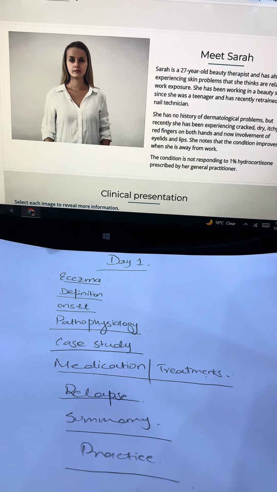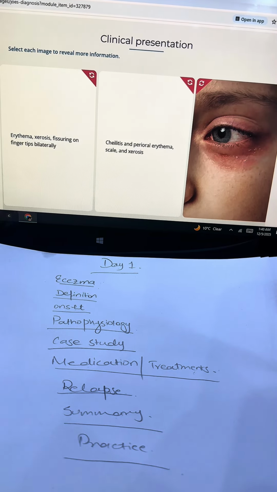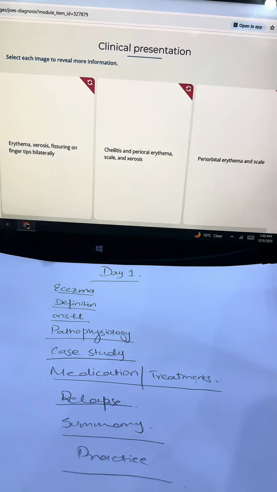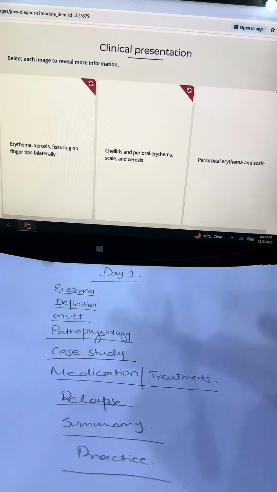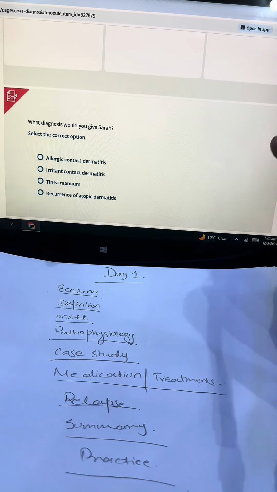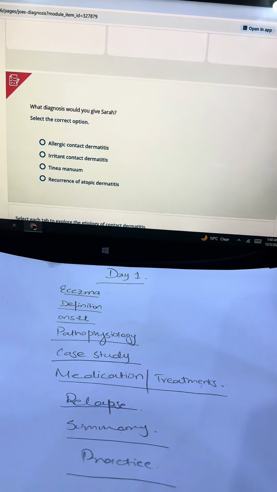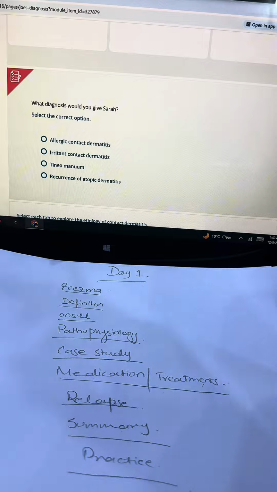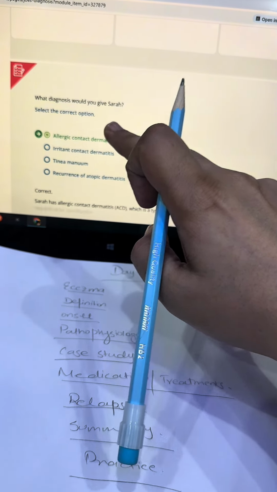Okay. The clinical presentation of Sarah: erythema, xerosis, fissuring on the fingernail tips bilaterally, and cheilitis, and periorbital eczema, scale and xerosis. Okay, what diagnosis may you give Sarah? Is it allergic contact dermatitis?